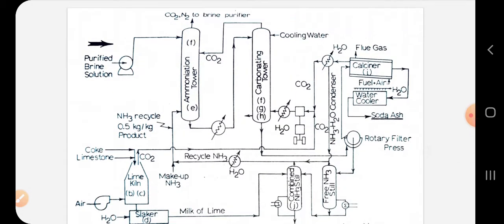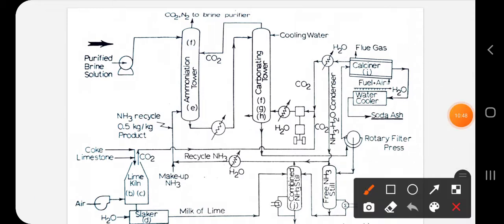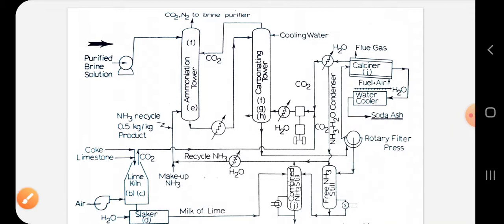Now after this, we see that from the carbonating tower the liquor and other products are entering this rotary press filter at the right here. After this, the solids from the rotary filter are taken to the calciner and calcinated at about 200 degrees Celsius.